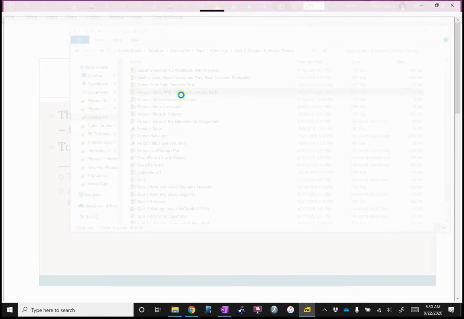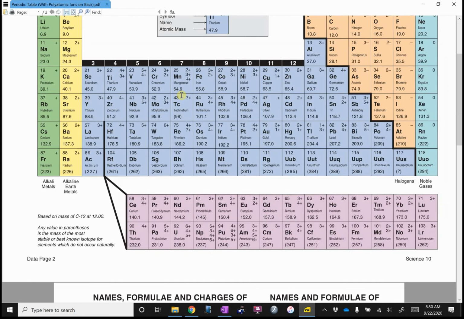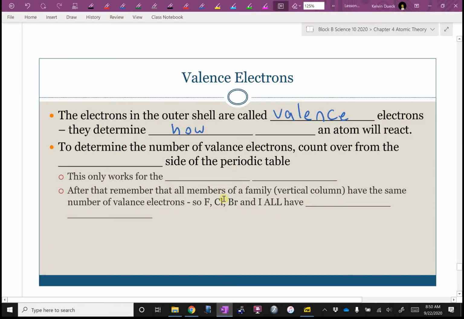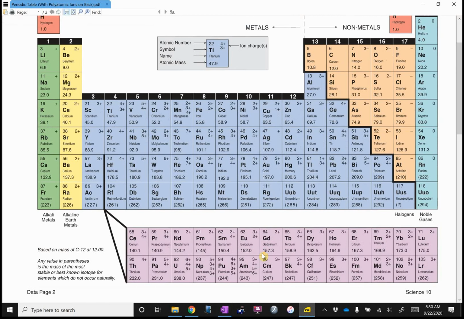So, to determine the number of valence electrons, we count over from the left side of the periodic table. For example, if I want to figure out how many valence electrons boron has, boron is element 5.